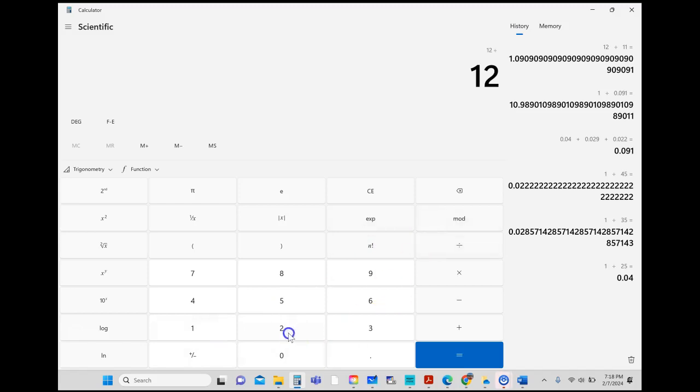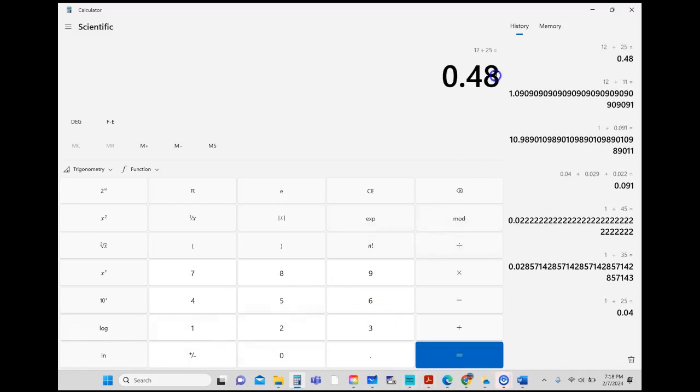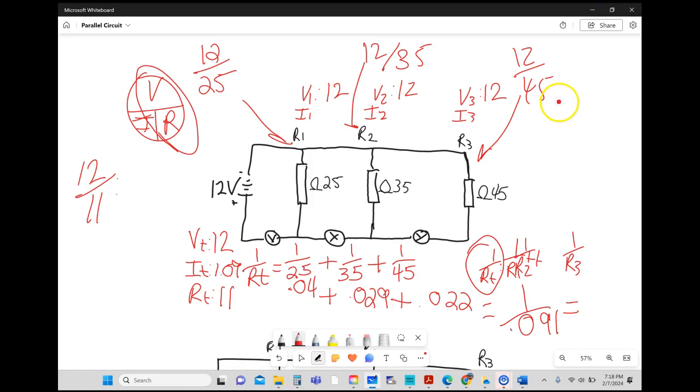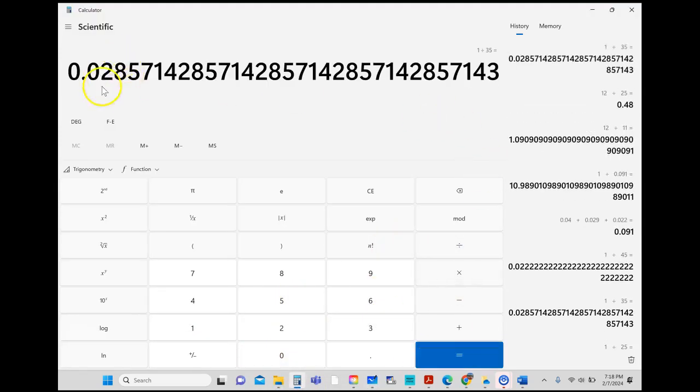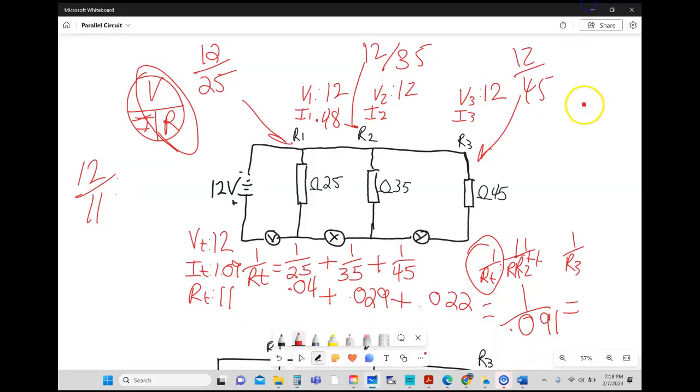12 divided by 25 equals 0.48. Okay, so we can go ahead and put that in there. 0.48. So we got the current for resistor 1. 12 divided by 35. We're going to call that 0.029. We're going to round that 8 up. Okay, so that's going to be 0.029.